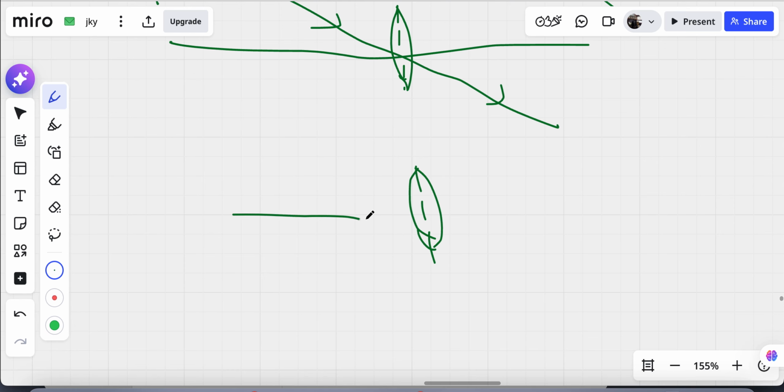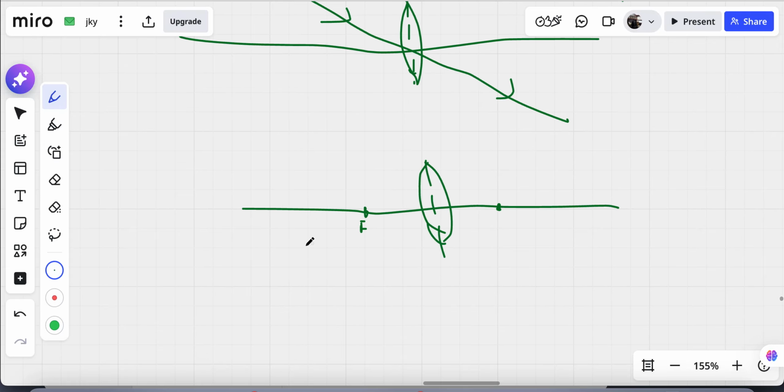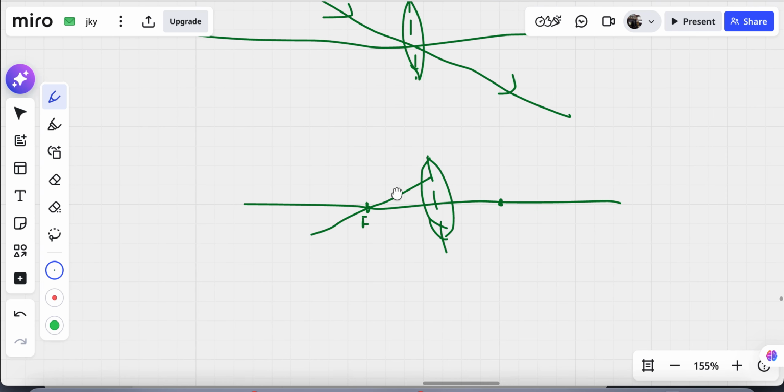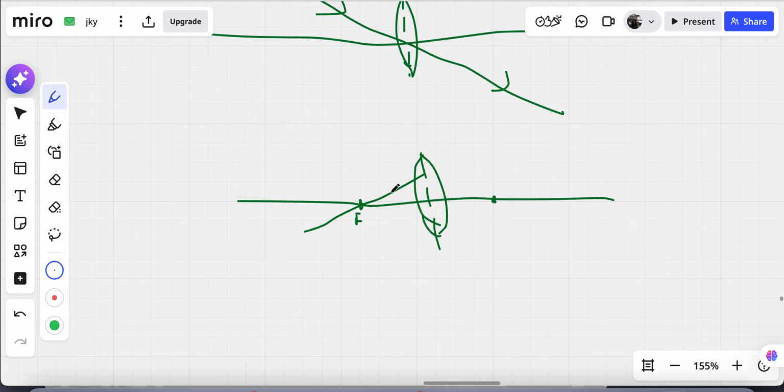Let's say this is the principal axis, and this is the principal focus, or focal point F. What if the ray is coming from the focal point, or principal focus, and it hits the lens? The ray is coming like this, and it hits the lens.